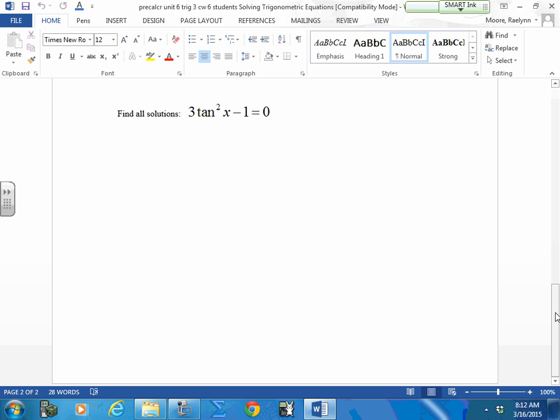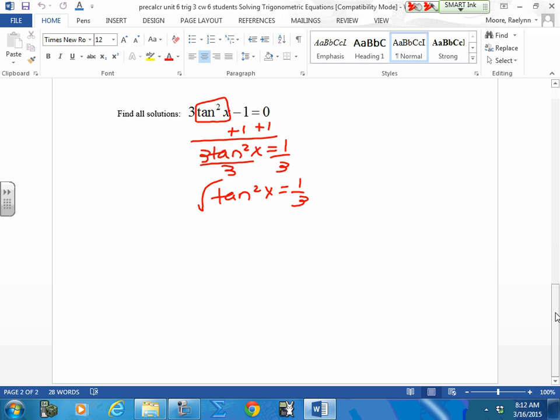Alright, so how should I solve this? This is my variable. Add 1. Divide by 3. How do I undo a square? Square root. Remember, when you take the square root, you get a positive, negative.